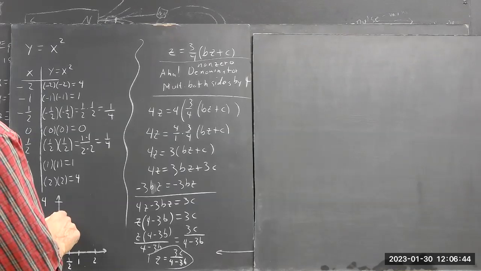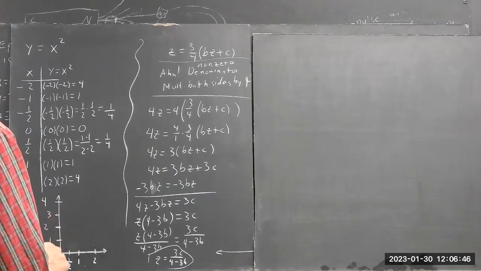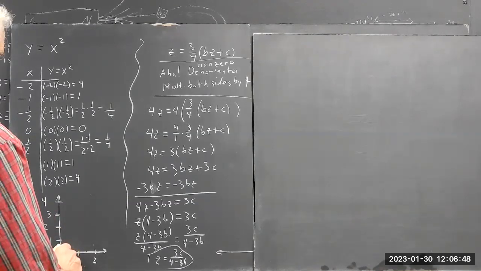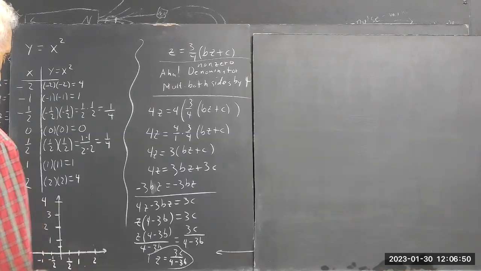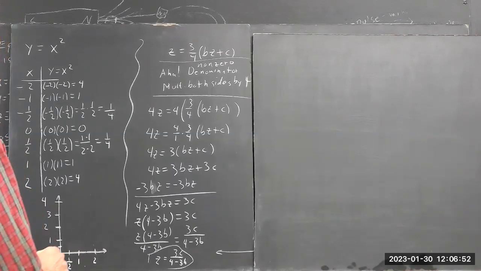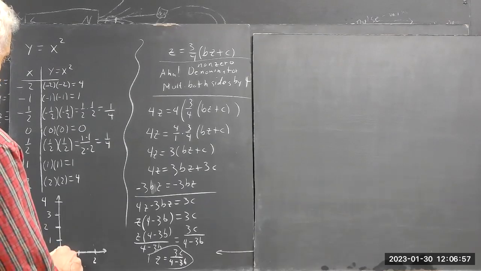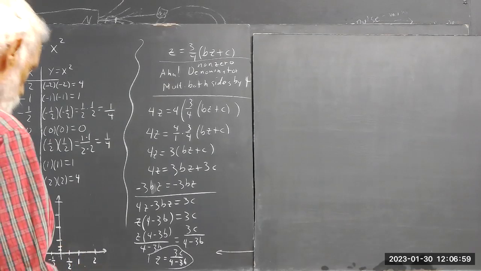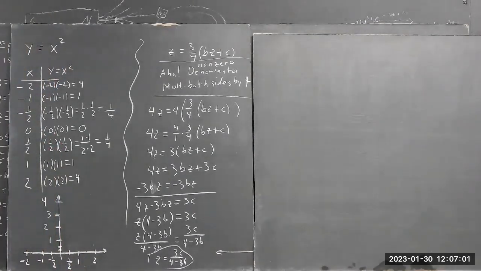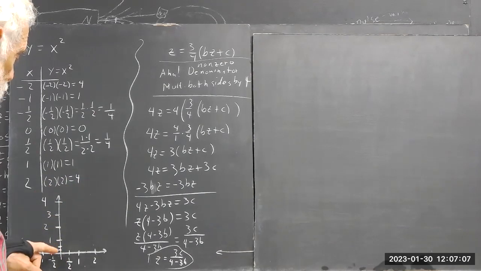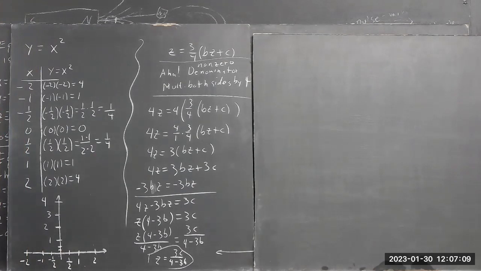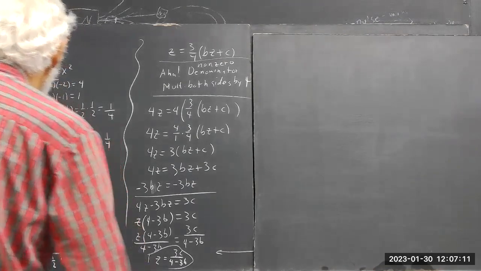And of course, I could put my 3 in here if I wanted to. And then I get my 1/2, which is halfway between 0 and 1. And 1/4, which is halfway between 0 and 1/2. The fourth is half of a half. And I don't bother labeling these things, it's going to get a little crowded there. So it's implicit if I do these carefully. Then I locate my points.